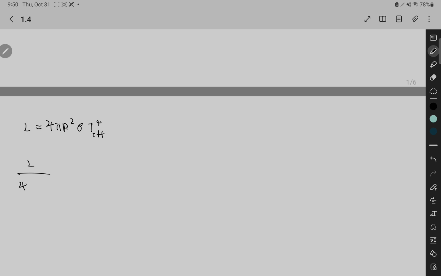So L divided by 4 pi r squared sigma is equal to T effective to the power of 4. Then we just do a little bit of math here, and we obtain this formula: to the power of 1 over 4, is T effective, the effective temperature. So this can tell us the effective temperature, or the temperature at the surface, of whatever star we're looking at.